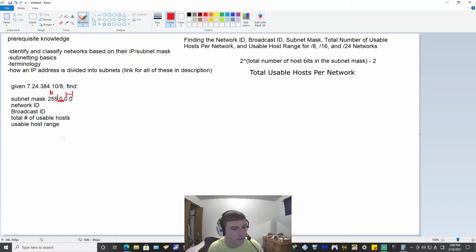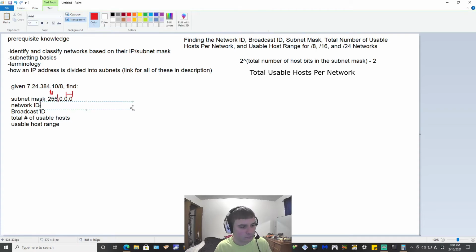Okay, so now it says find the network ID. If we look at this IP address and this subnet mask, you'll notice that the 255 is only available for the first octet, which has 7 in it. So that means 7 is not going to change for our network ID. So our network ID is going to start with 7.